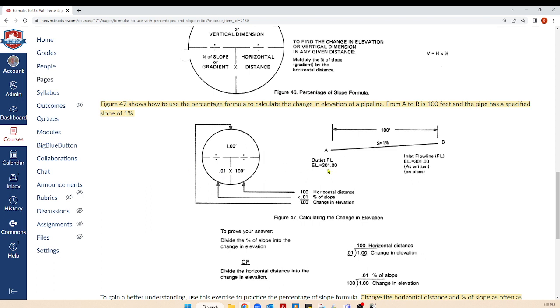I don't know if it's a misprint. I can't give you that answer, but I know that if this is gravity flow, then it's got to be going down. That's all there is to it.